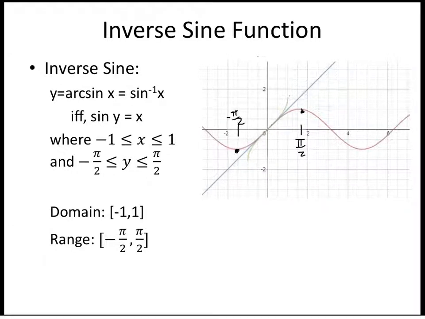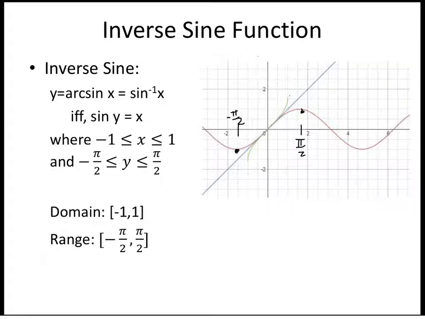Okay? So instead of sine of an angle equaling a ratio, we have inverse sine of a ratio equaling an angle. And that's what we call arc sine or inverse sine. Okay? So y in this case is an angle, and x is a ratio. Okay? And this only applies if sine y equals x.